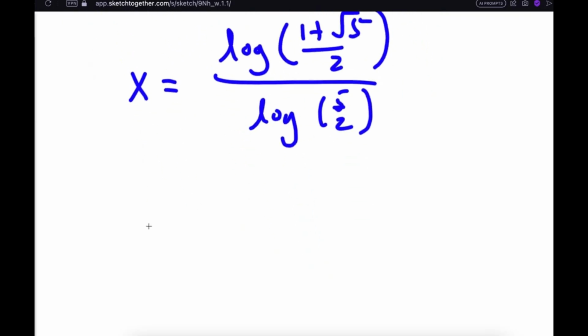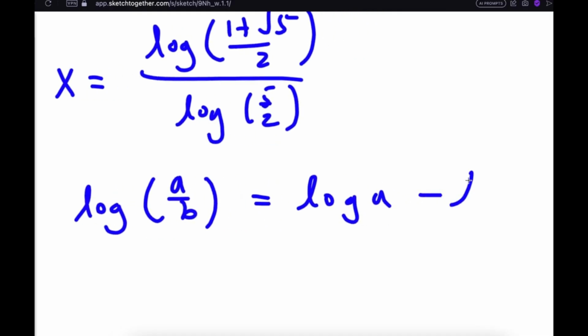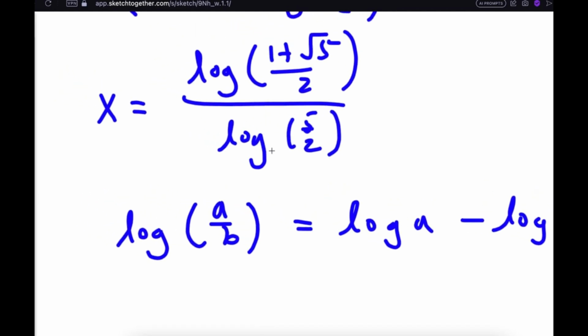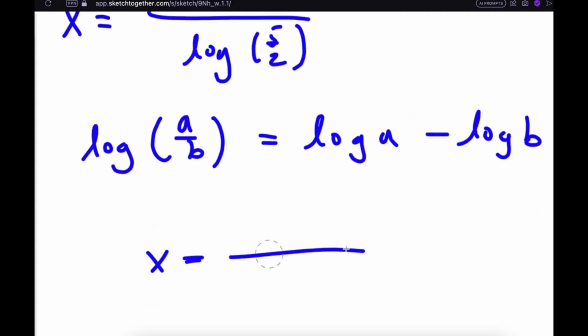Now if I have something in the form log a over b, this is equal to log a minus log b. So log 5/2 is equal to log 5 minus log 2.